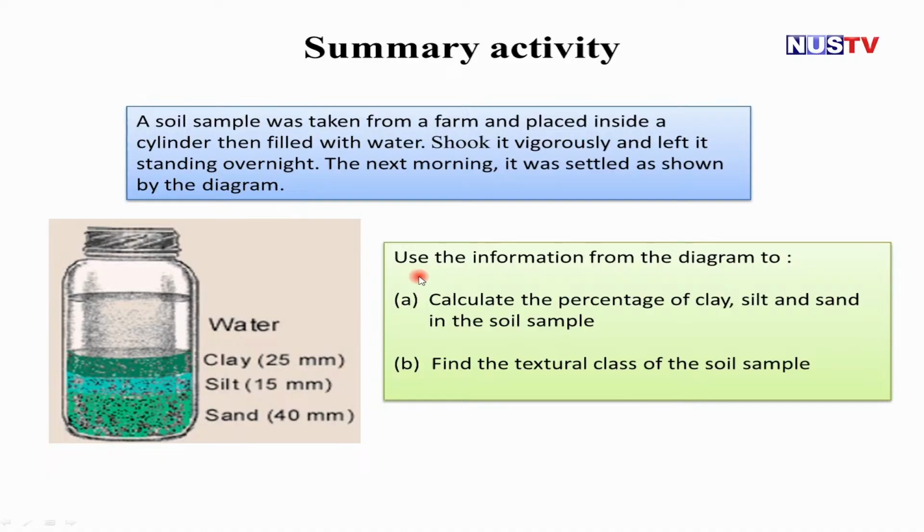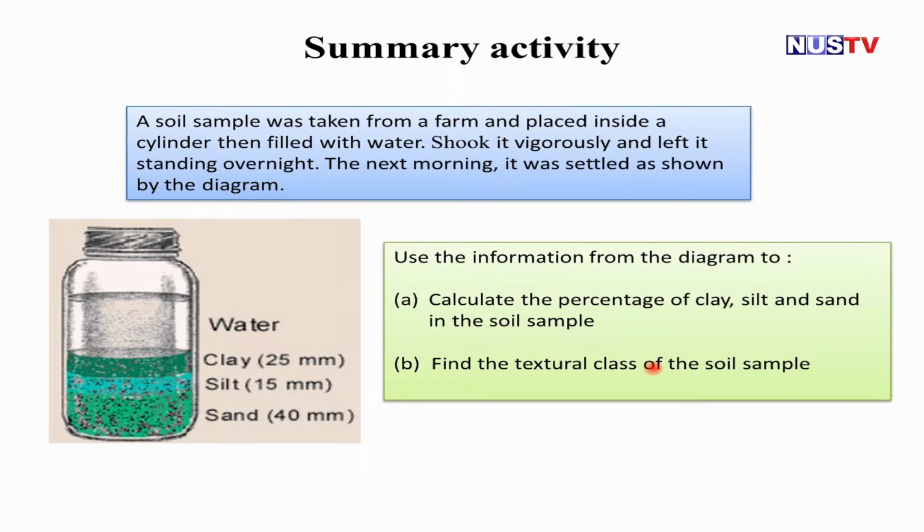And the question, use the information from the diagram to A, calculate the percentage of clay, silt, and sand in the soil sample. B, find the texture class of the soil sample.